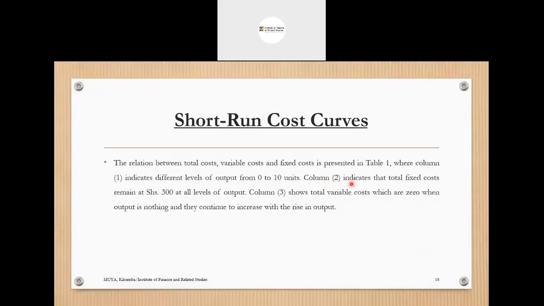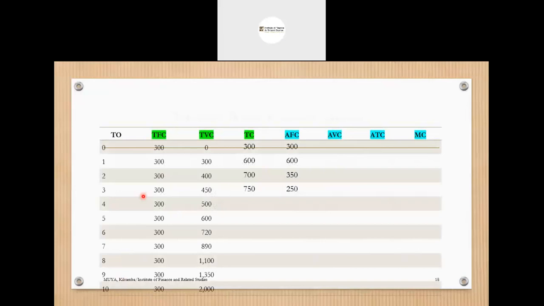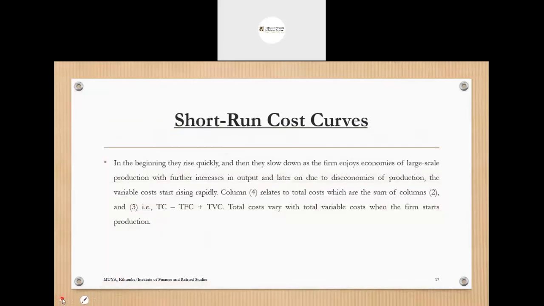Then in column 2, we have total fixed cost, which remains the same at 300 at all levels of output. The fixed cost is 300 all through. It doesn't matter whether total output is 0, total fixed cost remains at 300, or whether it is 10, the total fixed cost would remain the same.